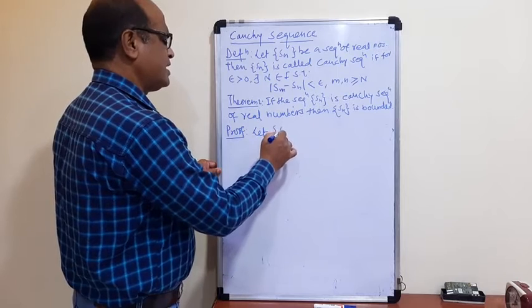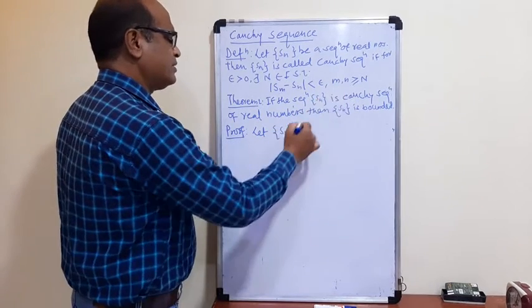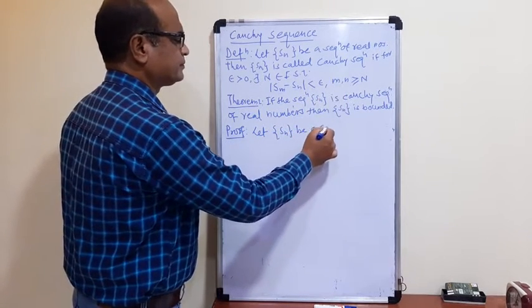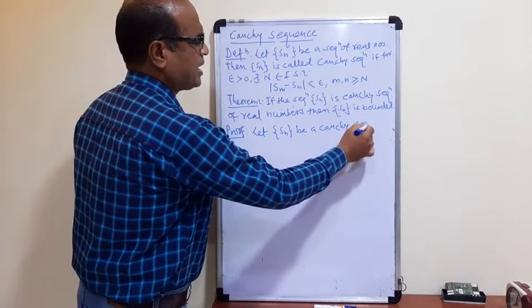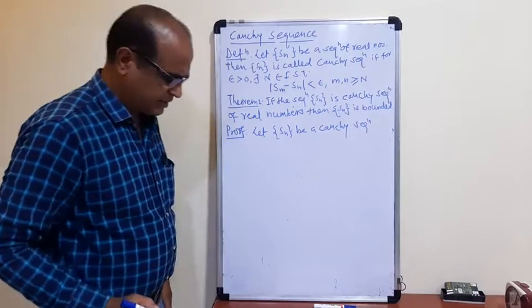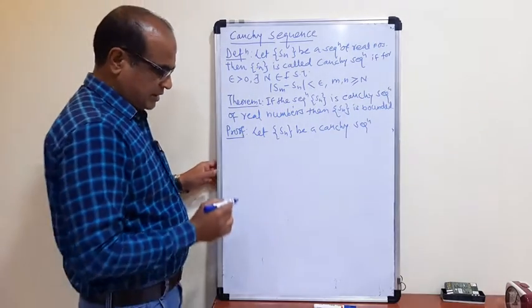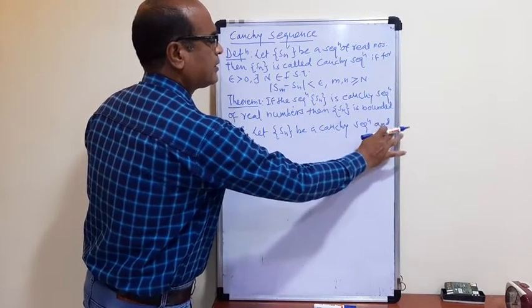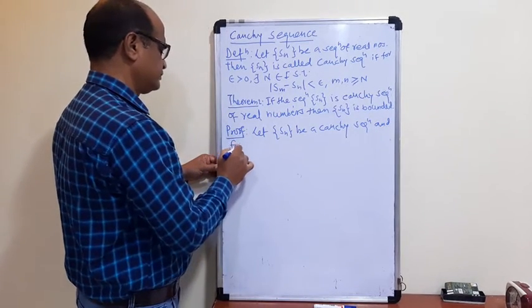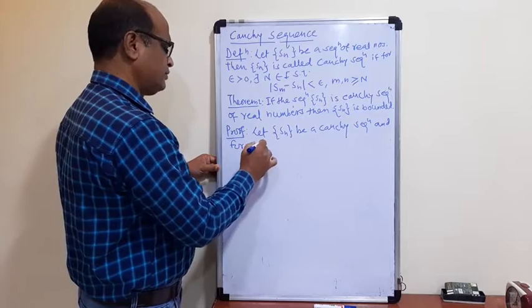That Sn is a Cauchy sequence of real numbers, and for epsilon equal to 1.